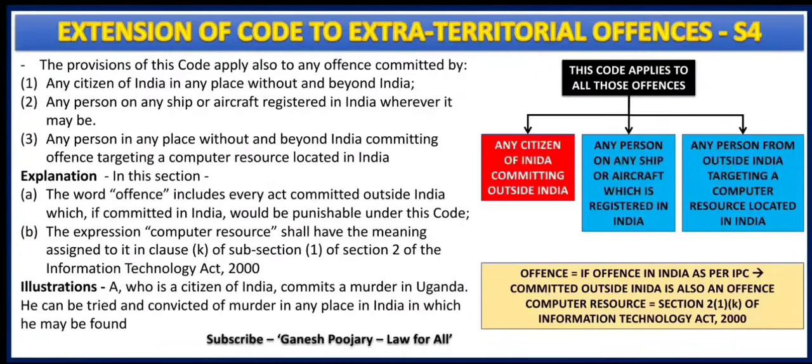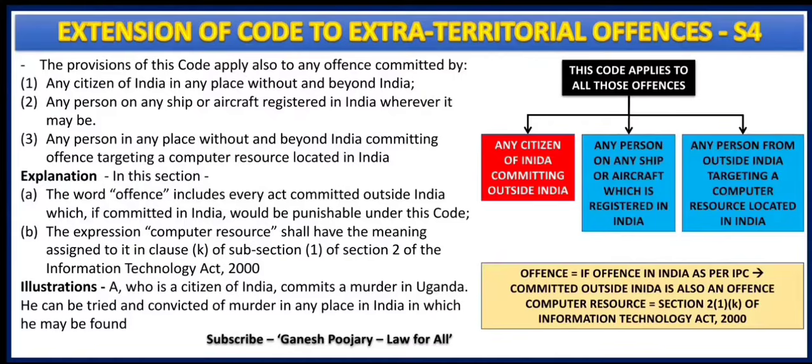Section 4 is the continuation, which increases the scope of the Indian Penal Code. This is about extension of the code to extraterritorial offences. And here we have three important aspects to understand. It says the provisions of this code apply also to any offences committed by, subsection 1, any citizen of India in any place without and beyond India.